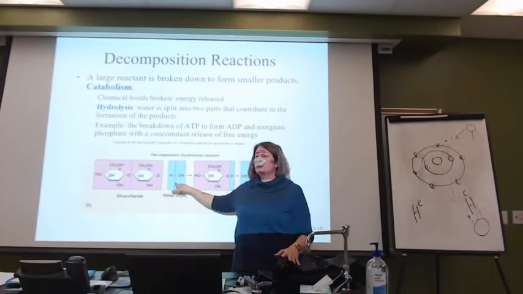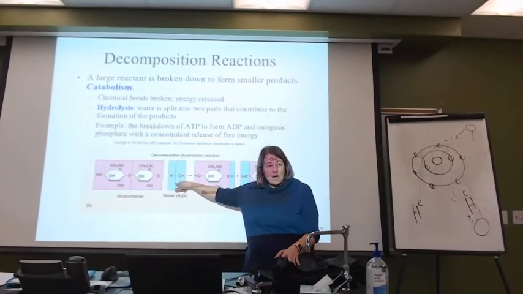To break it down, I've got to break a bond. Now, where do they happen to show the bond getting broken? Between an oxygen and an OH. Once again, water. So, my body has to actually supply a water molecule.